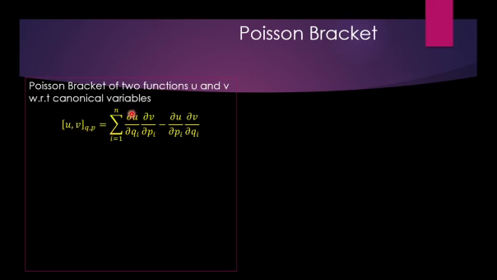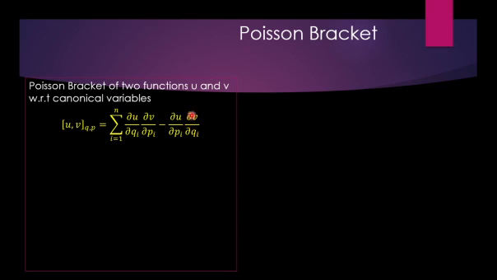So it is defined as the partial derivative of the first function with respect to q into the partial derivative of the second function with respect to p, minus, then we'll take the partial differential in the opposite order, that is, del u with respect to p and the second function with respect to q.